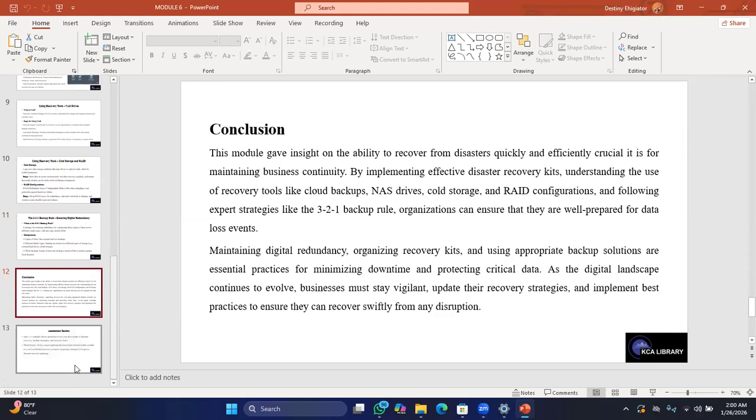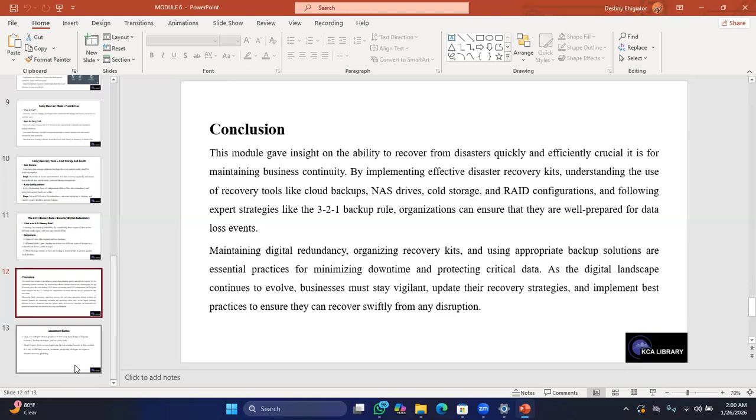Now, by way of conclusion, this module gave insights on the ability to recover from disaster quickly and efficiently. It is crucial for maintaining business continuity. By implementing effective disaster recovery kits, understanding the use of recovery tools like cloud backups, NAS drives, cold storage, and RAID configuration, and following expert strategies like the 3-2-1 backup rule, organizations can ensure that they are well prepared for data loss events.